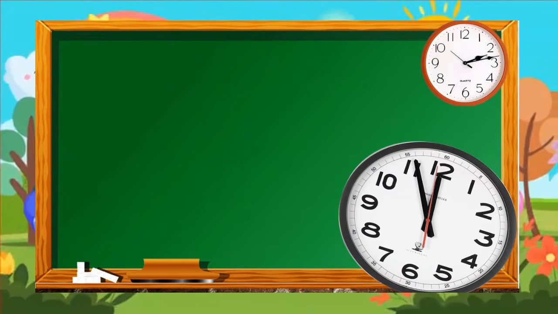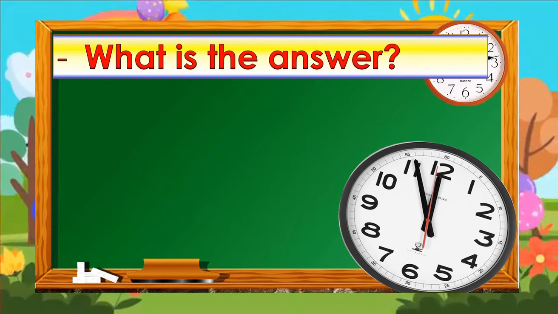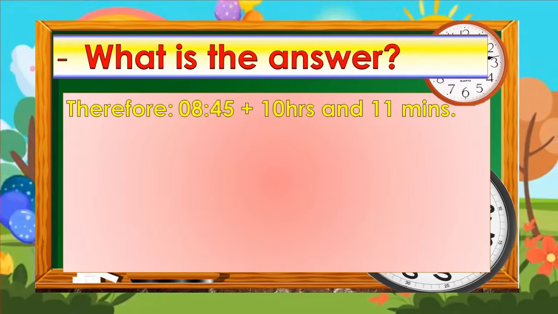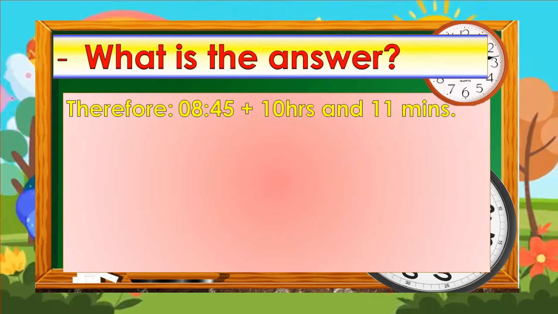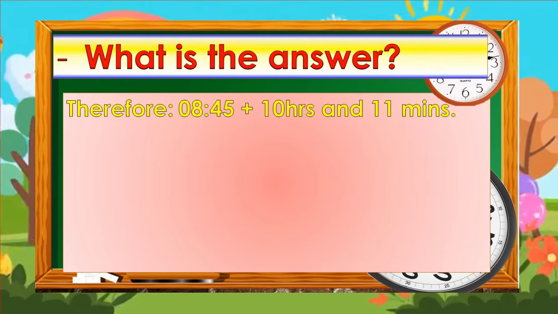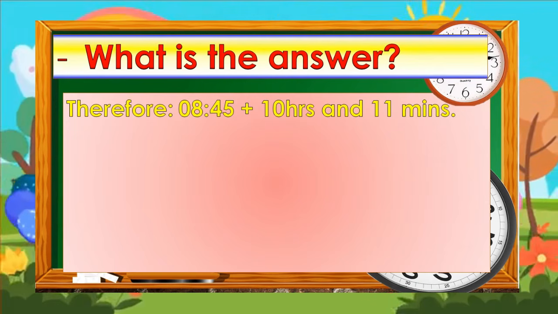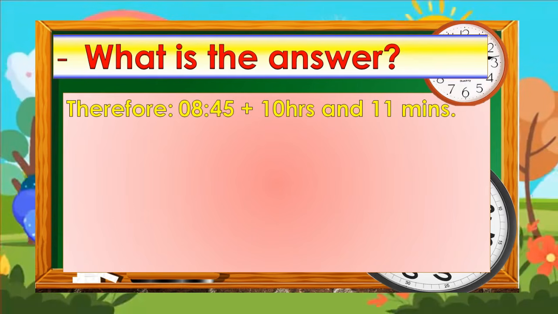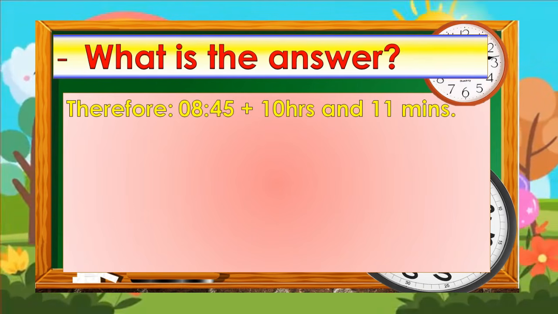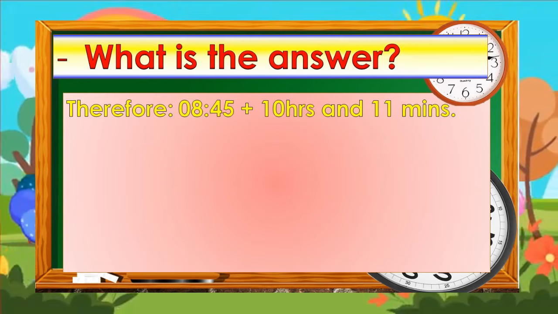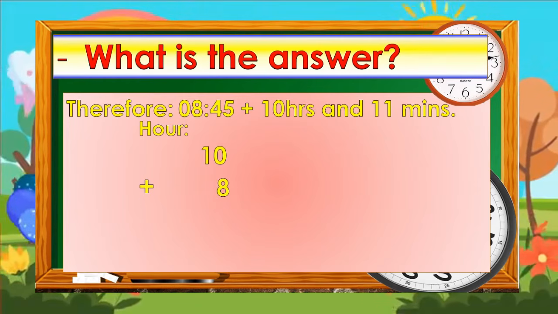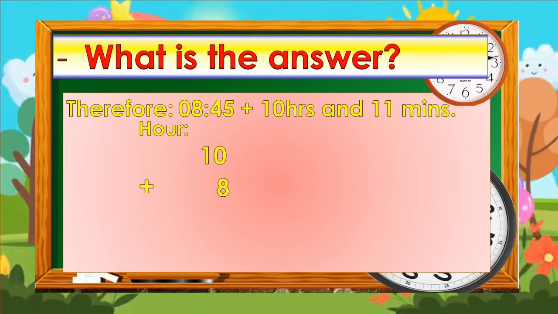And for the last question, what is the answer? Given that 0845 hours is the time when John boarded the flight and 10 hours and 11 minutes is the travel time, we will add the two given numbers to calculate what time John will arrive at his destination. So we will take first the hours, 10 plus 8.